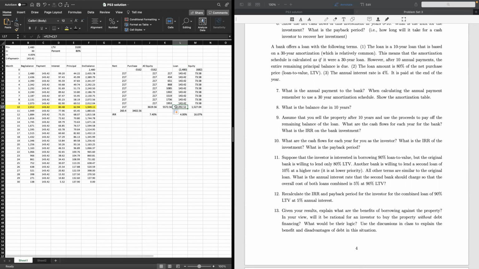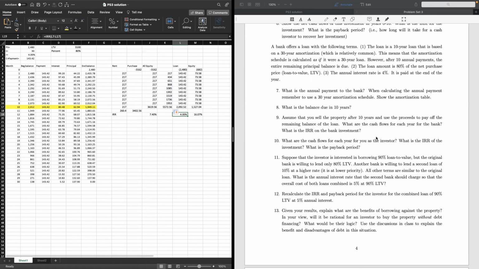And at the end, it gets around 2.1 million back. So altogether this is the bank's cash flow, and this is the ARR calculated from it, which is just 4%. It makes sense because the bank lends you at 4%.